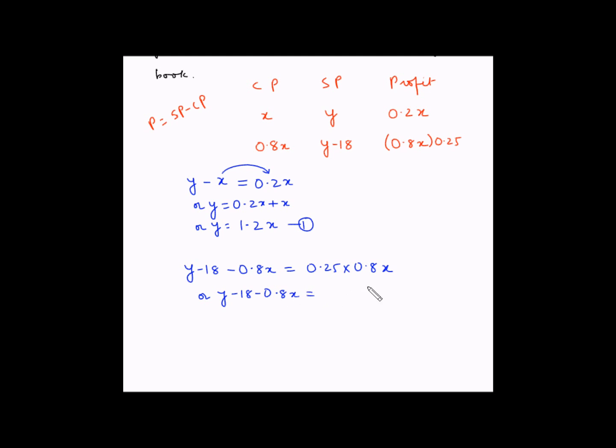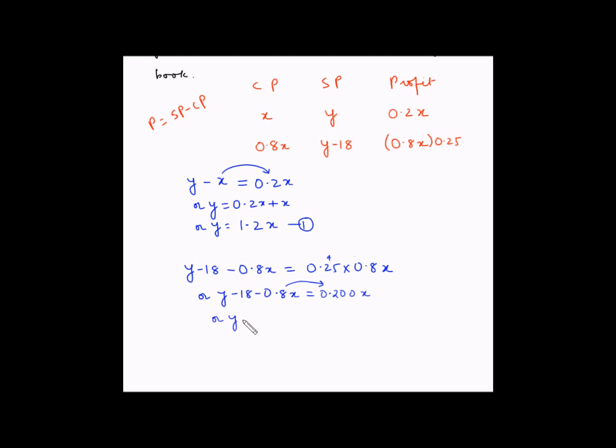so let's calculate this. 8 5s are 40, 4 carry over, and 8 2s are 16 plus 4 is 20, so 200. And now putting the decimal at 3 places, this becomes 0.2 times X. So let's bring this X also on this side.